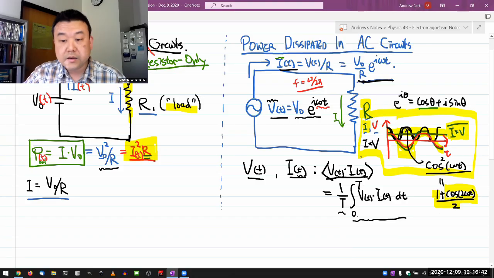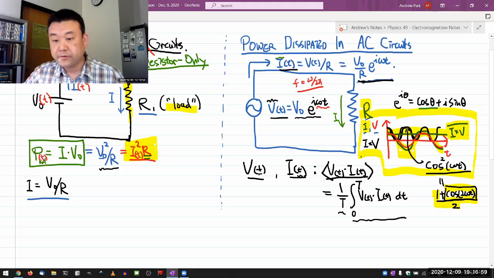Let's say that's really the quantity you're interested in. And you can see from the calculation that I did here that the average is actually pretty simple, because this cosine term just gets averaged out. If T happens to be exactly one period or an integer multiple of a period, it becomes exactly that.